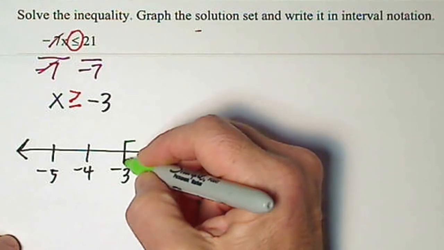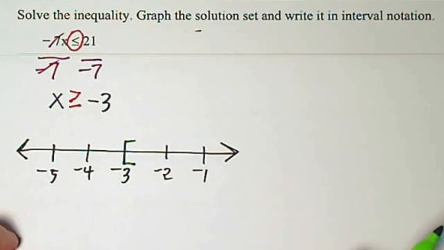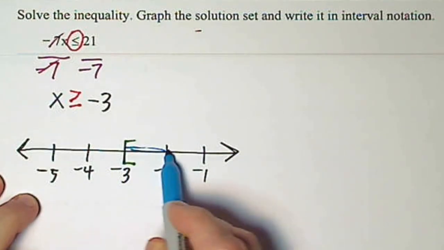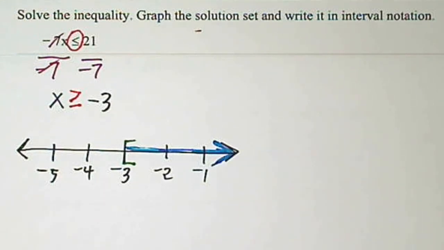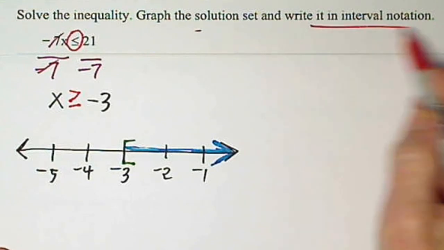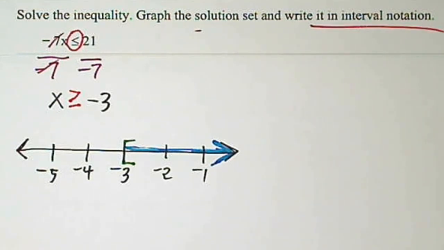That means I'll put my bracket right here, opening in the positive direction. I'll shade this in and then fill in the arrow. And our last step, write it in interval notation.